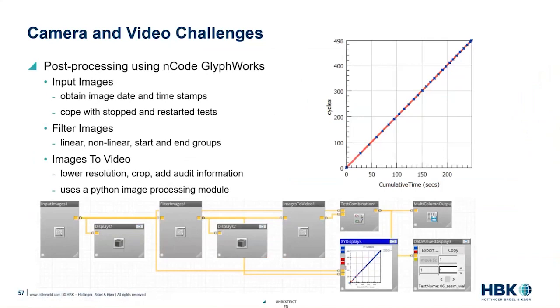I did say right at the start that a bit of GlyphWorks was used for the post-processing. So this is just some examples of GlyphWorks where we've got 1,000 red crosses for every image or every frame in the video. Because from a fatigue perspective, we're more interested in having more images close to the failure, we can use a non-linear sampling technique to identify the particular frames that we want to use to actually make into a video.